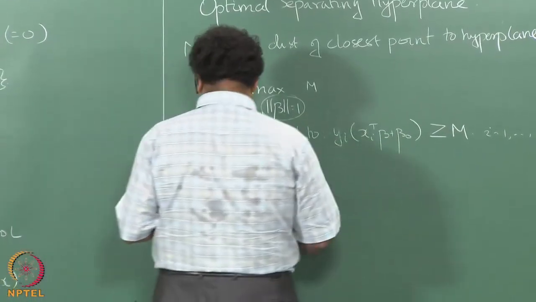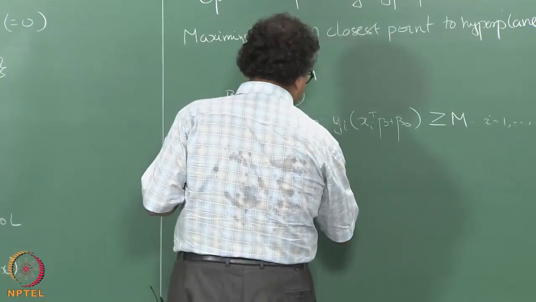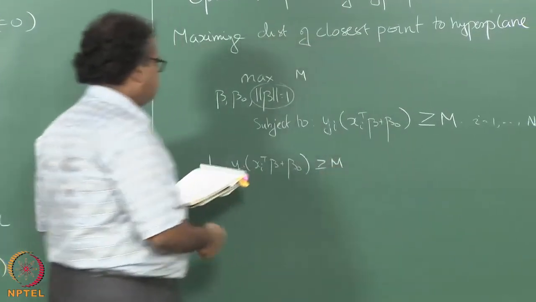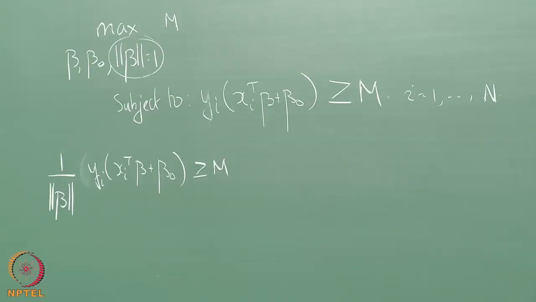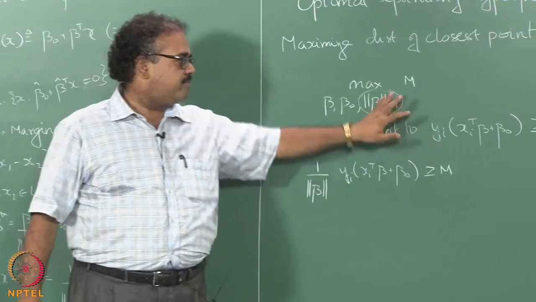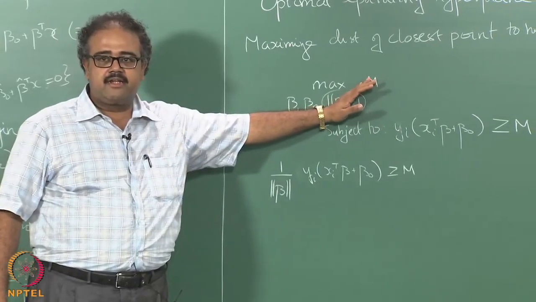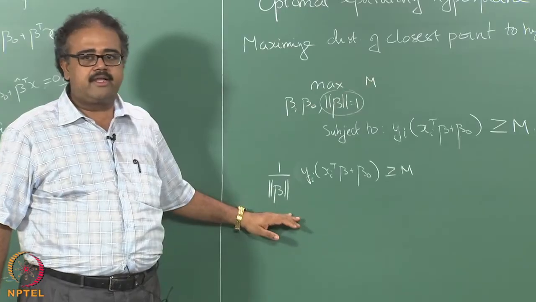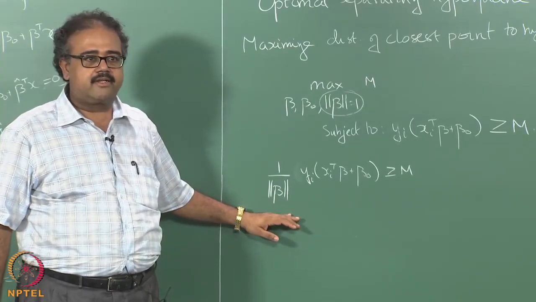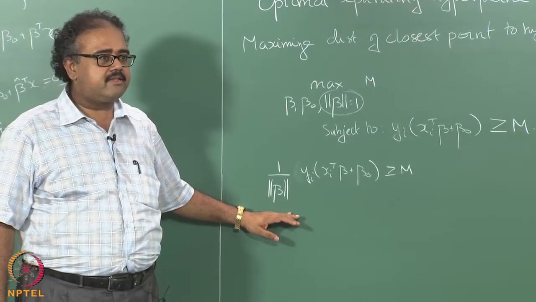So now I am normalizing by beta, right, so that I do not have to worry about that. I can remove this constraint here, right. Instead of that I put the norm beta here in the denominator in the constraint, right. Does it make sense?